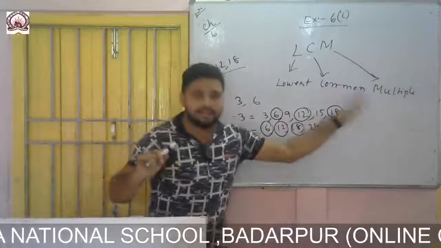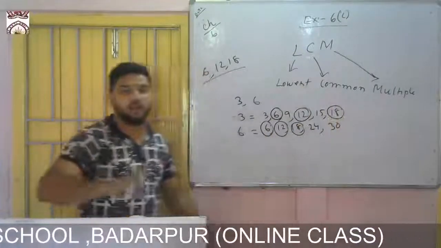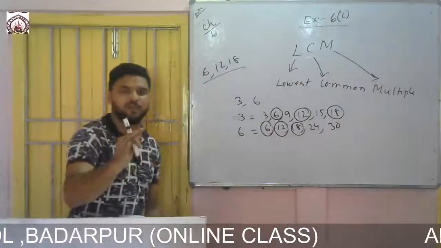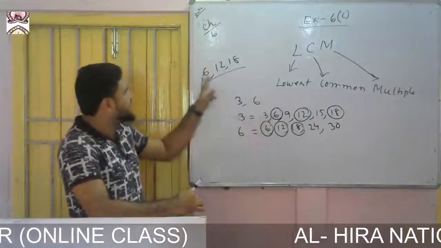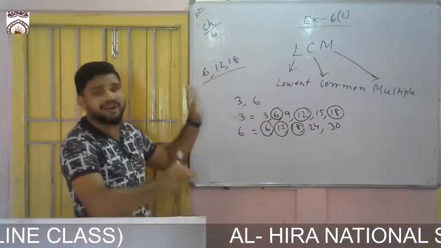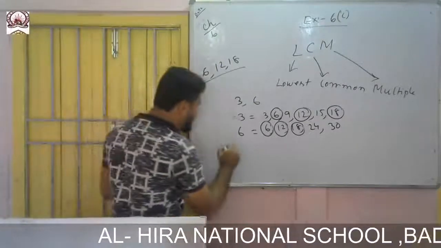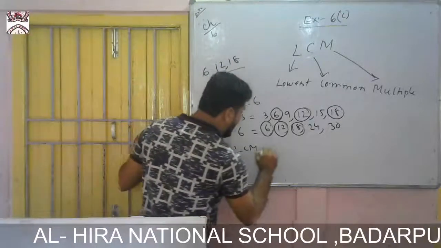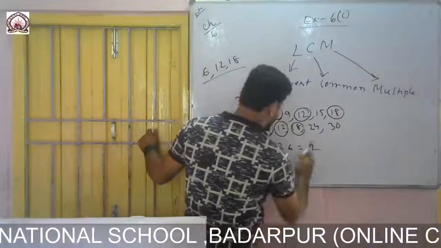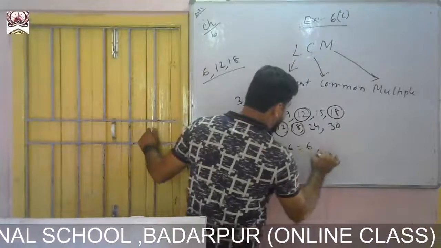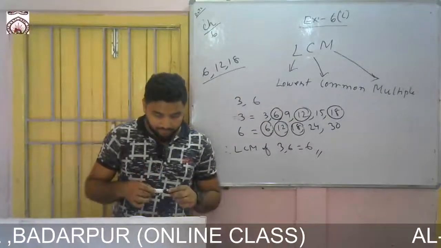If you go on, we shall find many common multiples, but we need the lowest one, that means the first one. Among these 6, 12, 18, the first one is 6. It is the lowest one. Therefore, the LCM of 3 and 6 equals 6. So that is about LCM.